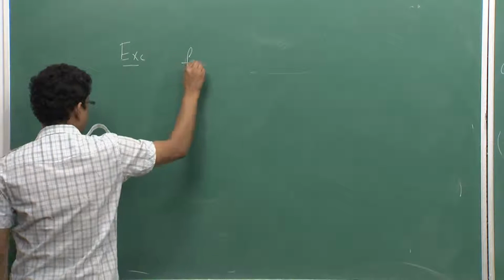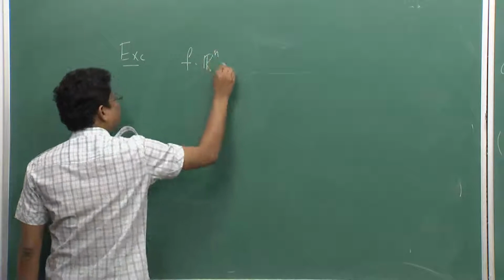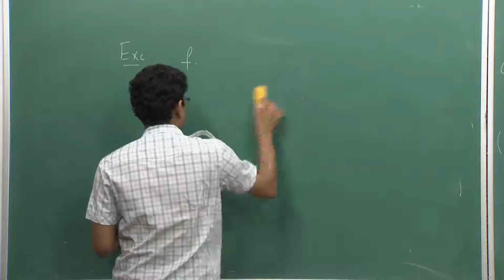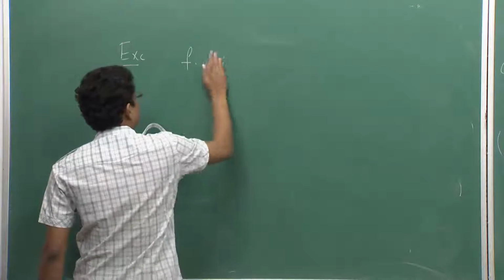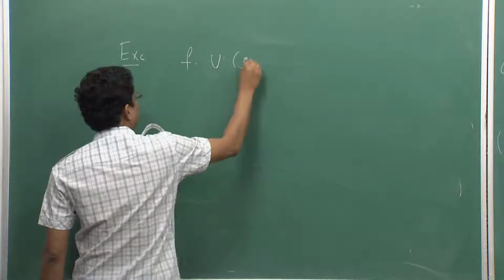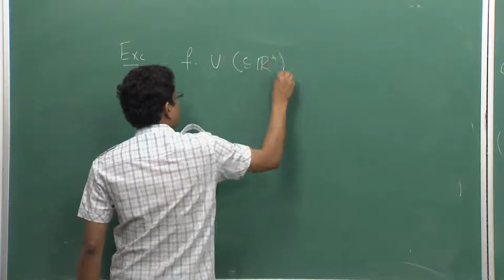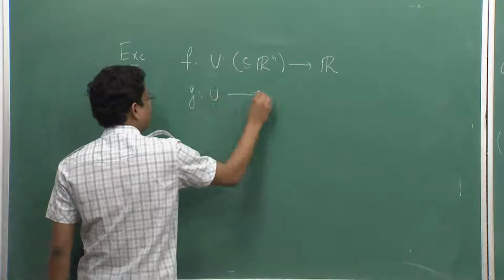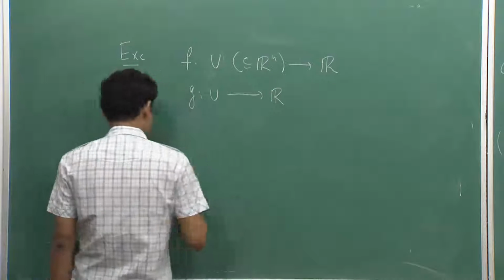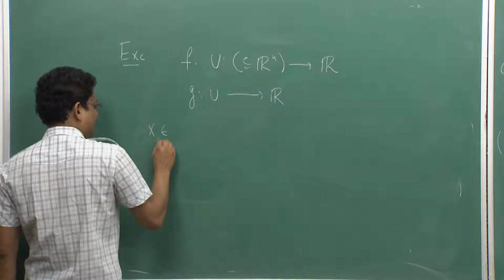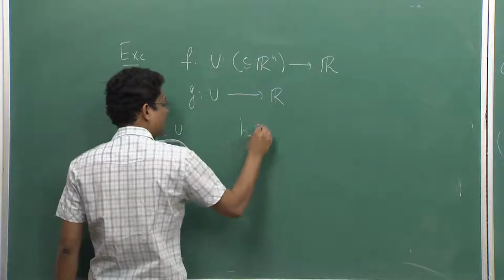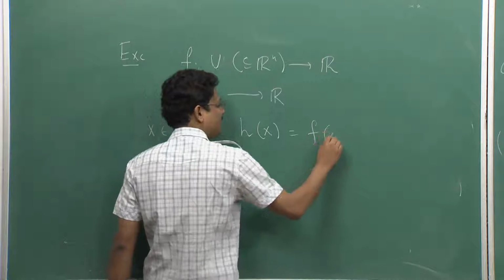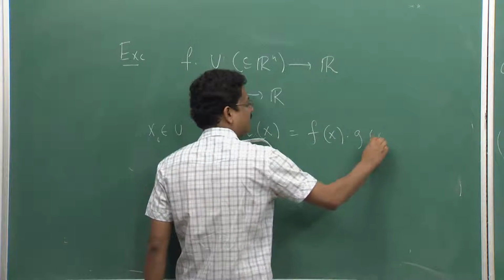Suppose I have f from an open set u in R n to R, real valued, and so is g from u to R, and x naught in u. Then I can define this new function h of x equal to f of x, which is a real number, times g of x.